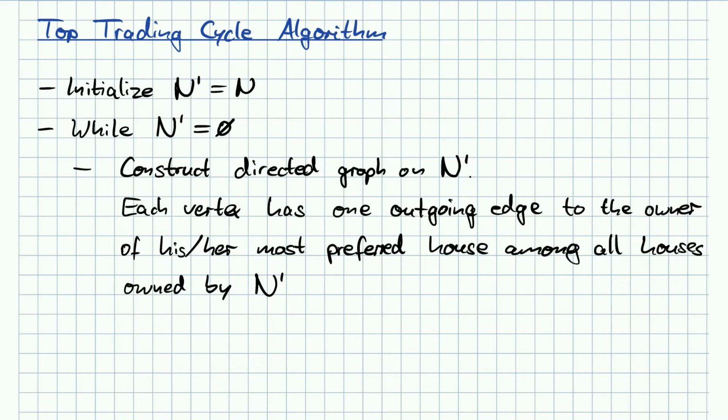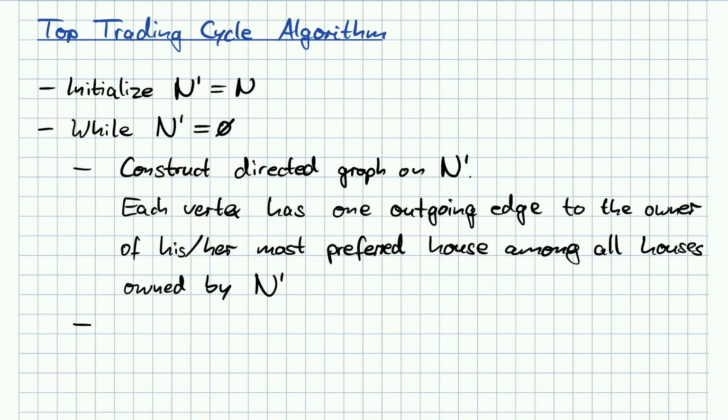Importantly, it is also possible to keep your own house. And in this case, where does your edge go? Your edge will go to yourself. If your most preferred house of the remaining houses is your own house, then we will have a self loop just going back to you, and this then also counts as a cycle for what we're doing now.